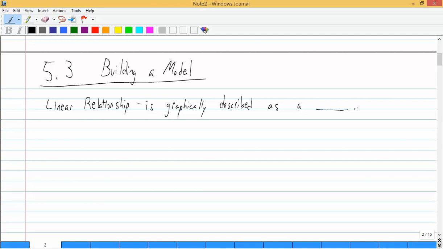If you look at a linear graph, what is it usually? Usually a straight what? Line. So graphically, a linear relationship is a line.